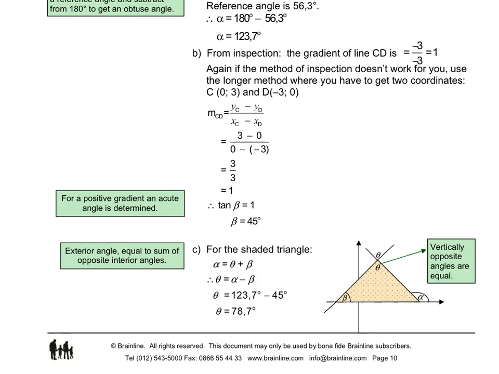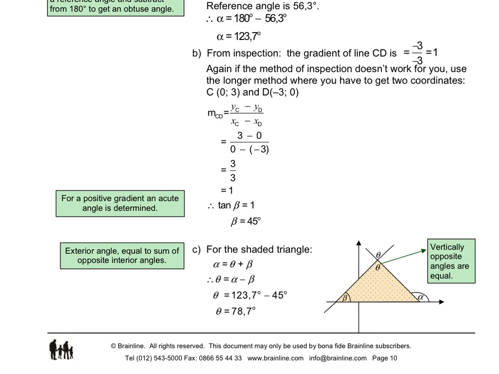Then, knowing the coordinates of C and D, C being where x is 0, y is 3, and D where x is minus 3, y is 0, we can also work out the gradient of CD. We take the difference in y values, 3 minus 0, over the difference in x values, 0 minus the minus 3.